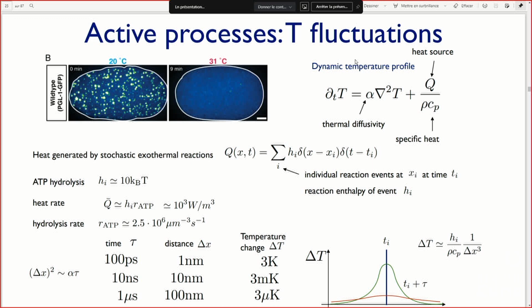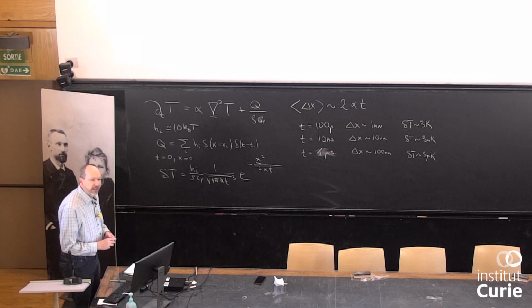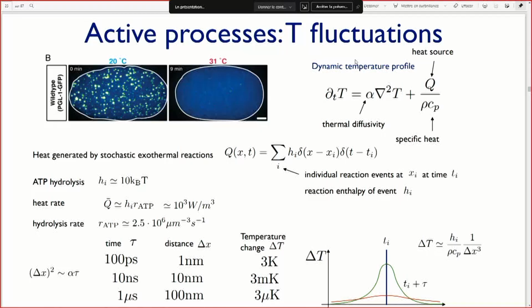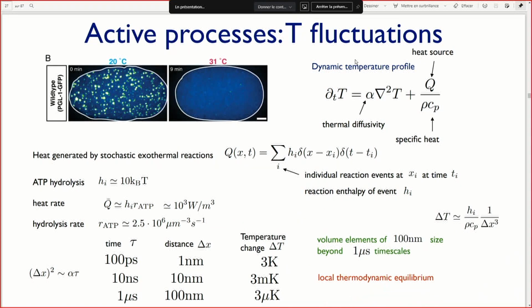This is a very simple-minded argument, so there may be conditions where this no longer applies. If you go to membranes or surfaces, it may be more complicated. But this gives us tools to decide whether certain approaches are self-consistent, and we can also try to understand when we have to go beyond local equilibrium arguments.